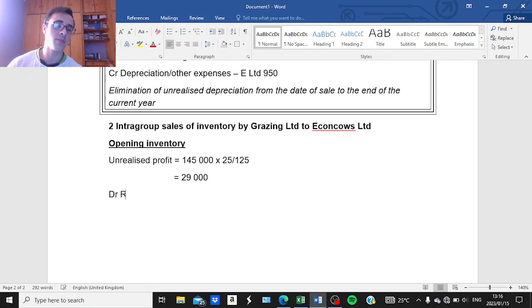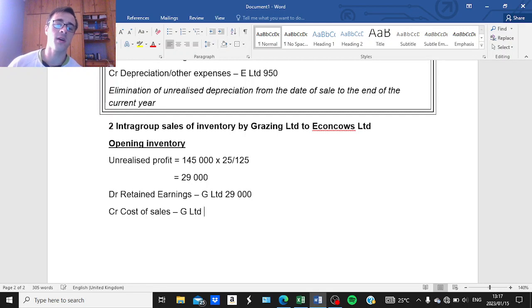And the elimination will be done against retained earnings of the same company. So therefore, we will debit retained earnings for Grazing Ltd by 29,000, and we will credit cost of sales, as I've just explained, because we are decreasing cost of sales for Grazing Ltd, 29,000.